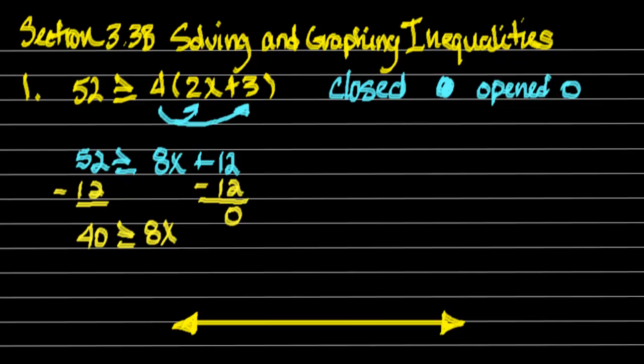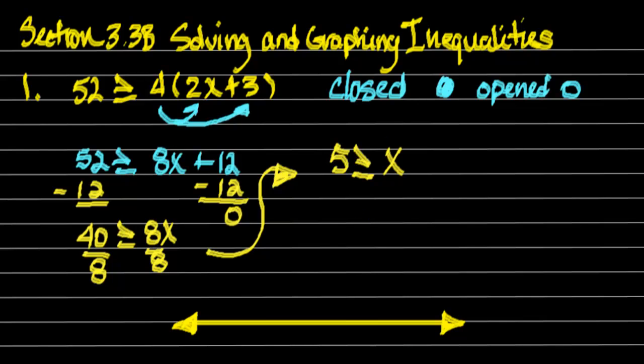We want to have a 1 instead of an 8, so if I write 8 over 8, that turns that to 1. That's a form of division, so I do the same thing to the left hand side. So now we're going to simplify this, and my final equation is 5 is greater than or equal to x.